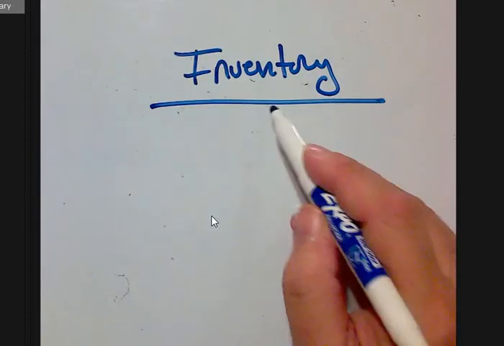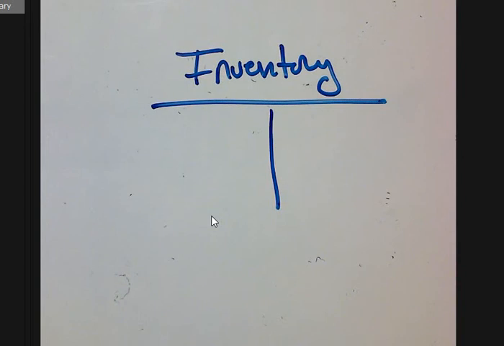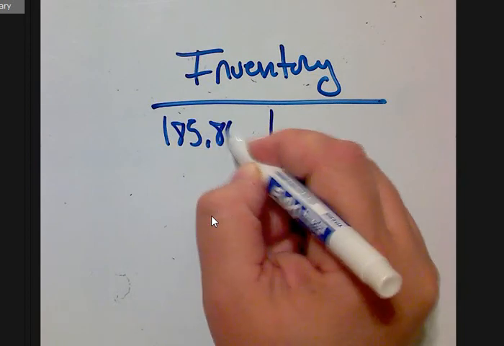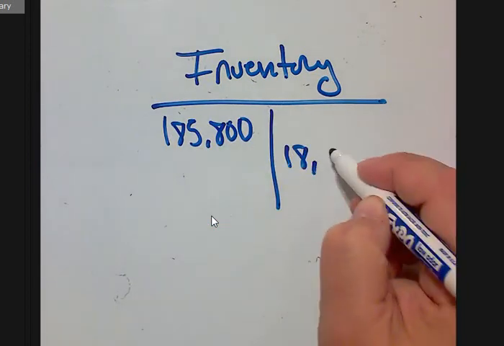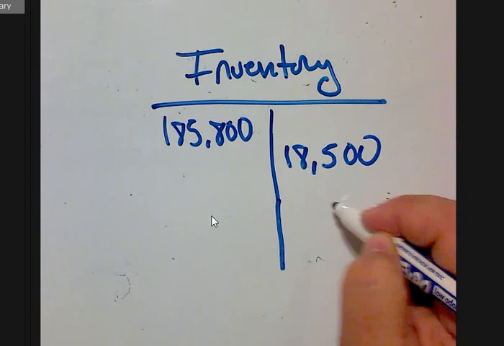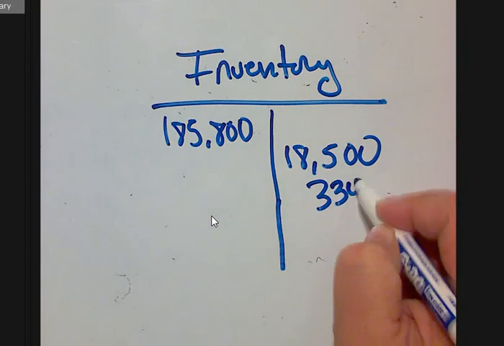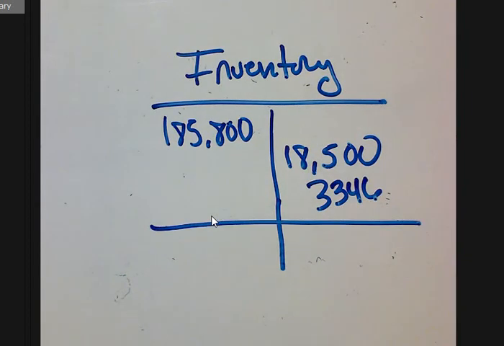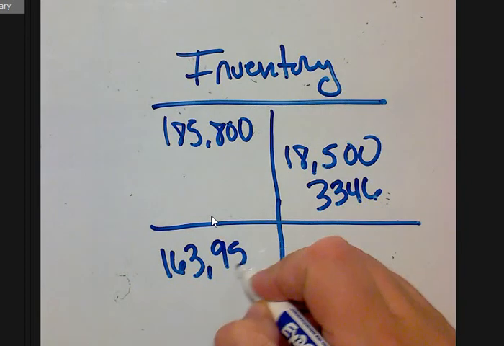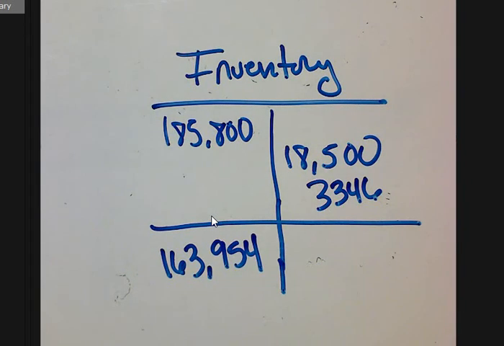It would have our original debit entry of $185,800, and then our return of $18,500, and then our credit entry for our cash discount, $3,346. If you calculate the debit balance in our inventory account, it's going to give us the $163,954. That's what the inventory actually cost us, and that's what we should record the inventory at. We should record it at cost.